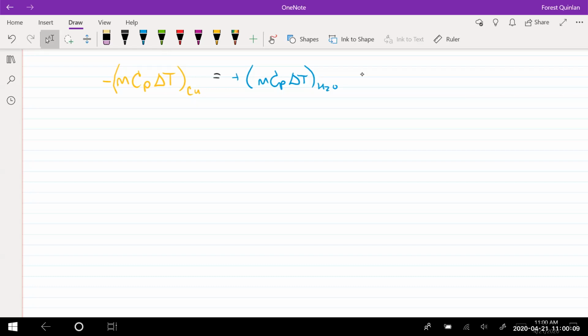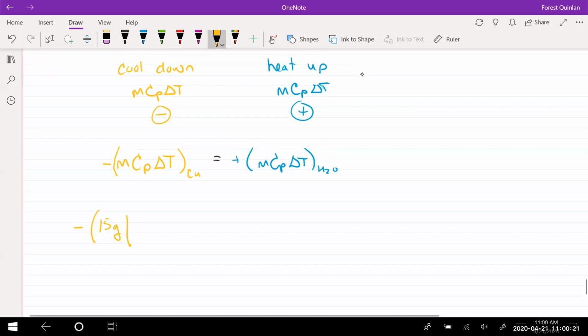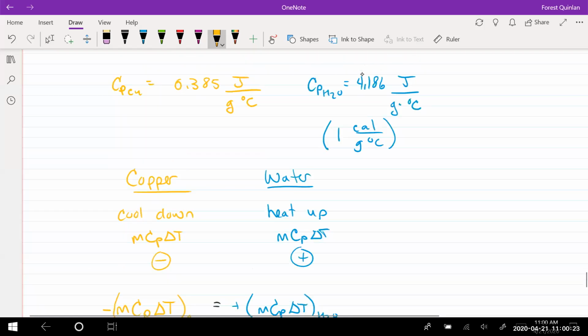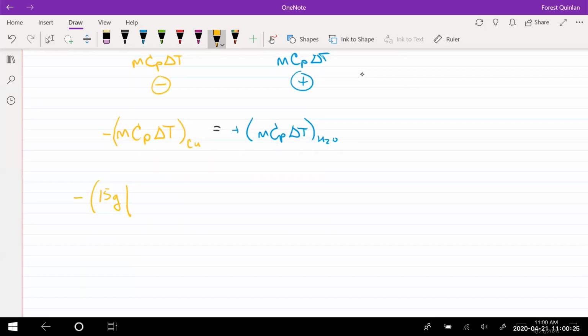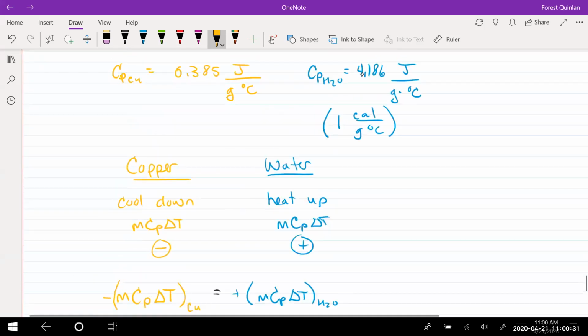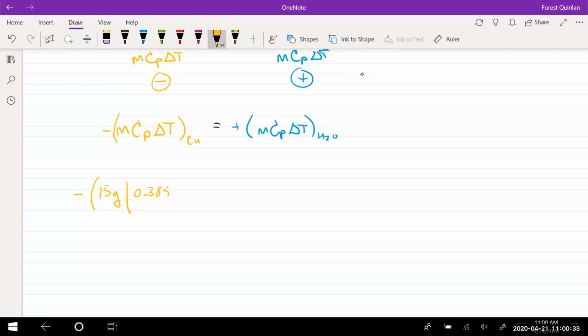So on one side, I'm going to have negative the mass of the copper at 15 grams times its heat capacity, which I said was 0.385, joules per gram degrees Celsius.